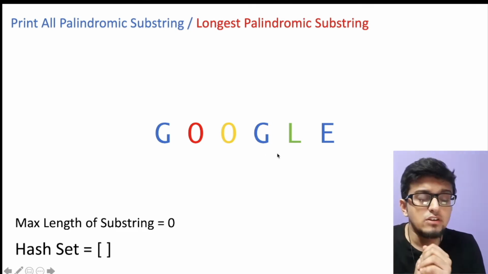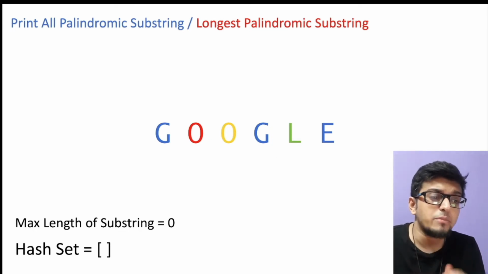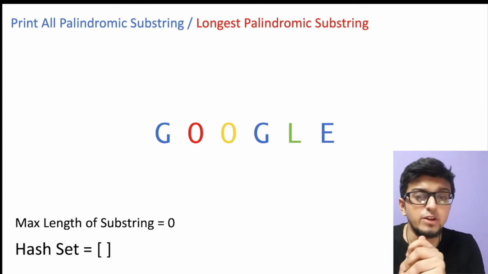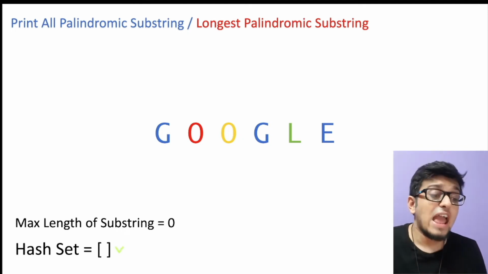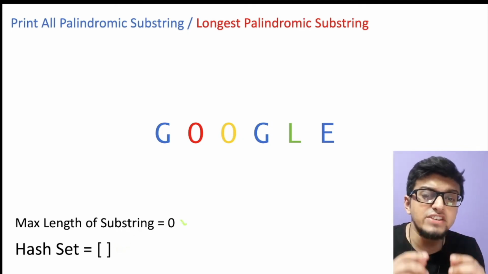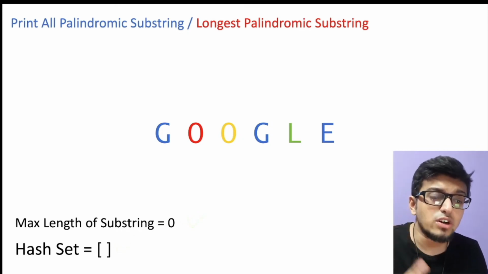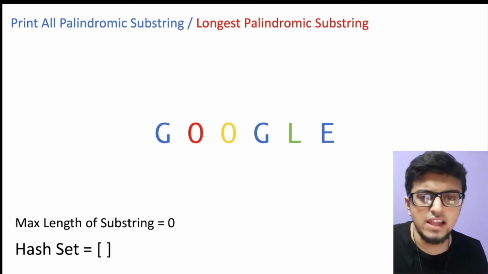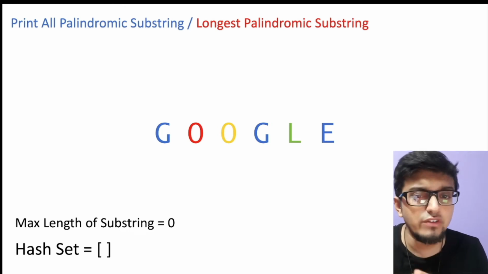Over here, to solve this problem in the simplest way, we will be using a hash set, and also an additional variable that will keep a counter of the length of the maximum substring that we have encountered until now. So let's see how we will be doing it.